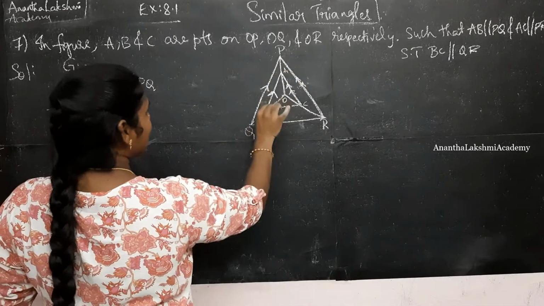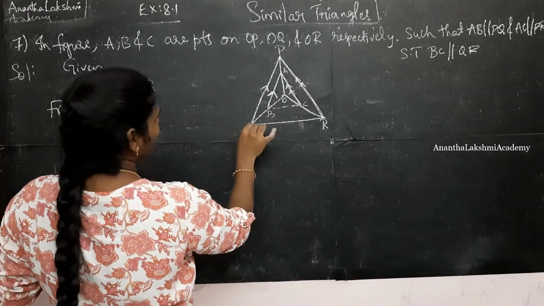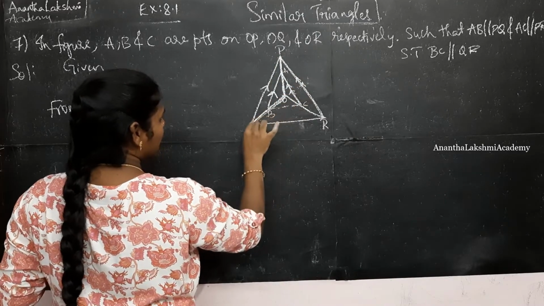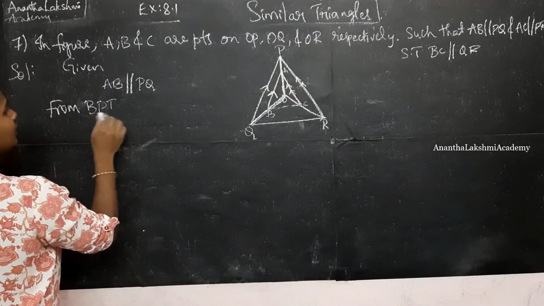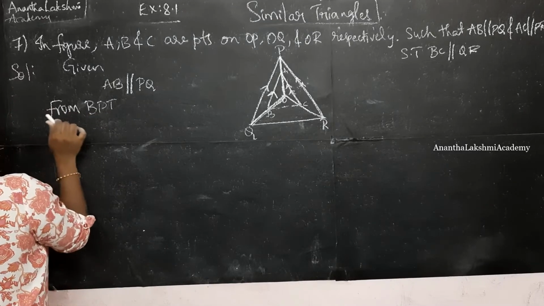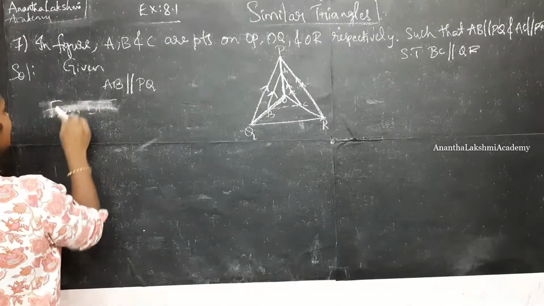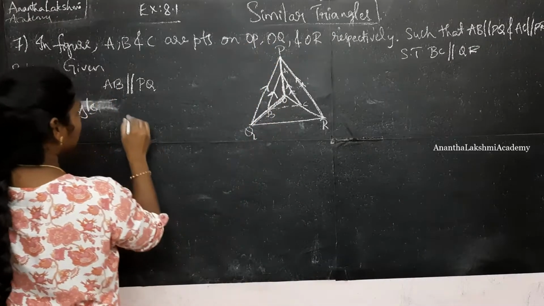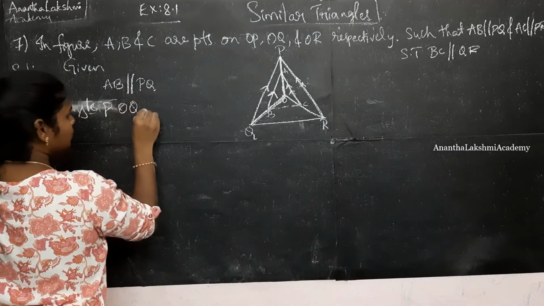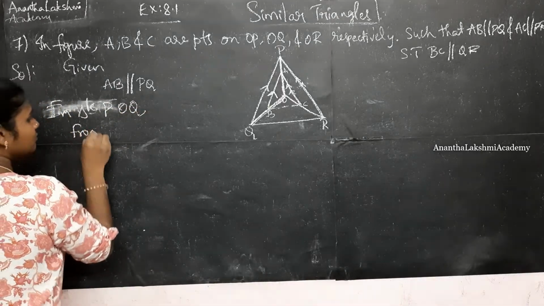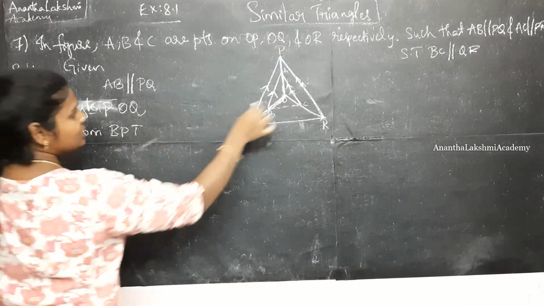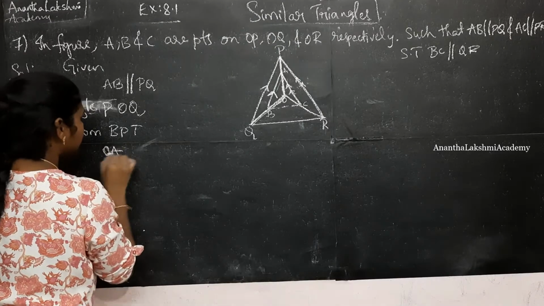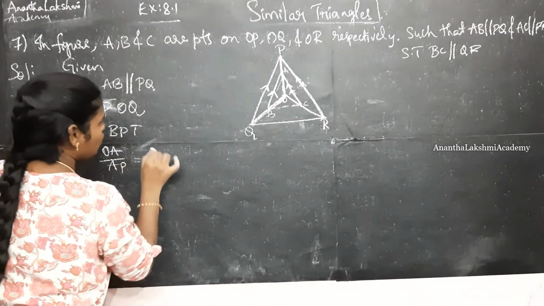In triangle OPQ, from BPT, when AB is parallel to PQ, can I write OA by AP is equal to OB by BQ?